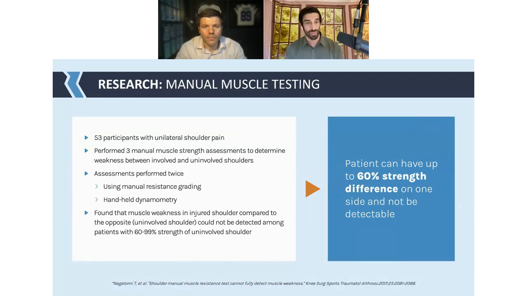They found that muscle weakness in the injured shoulder compared to the uninvolved side could not be detected in patients with up to 60 to 99% strength of one shoulder. So basically what this shows is someone can have a 60% strength deficit on one side, and you can't detect that with a manual muscle test.